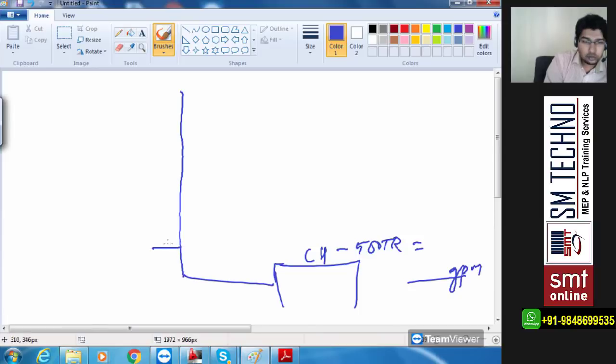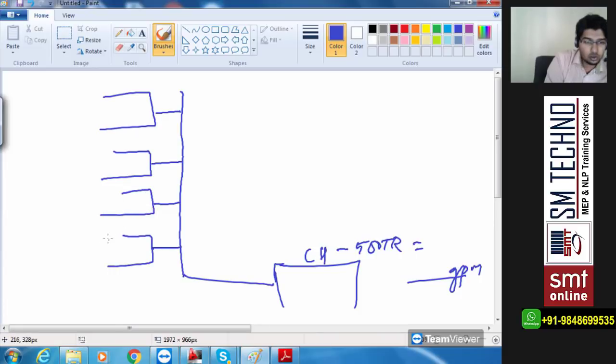I'm going to connect first, second, third, fourth AHUs. This is the chiller, we already know that, and I'm not taking any supply and return. That is understood now, the connections. I'm only naming AHU1. This is AHU1, 6.5 TR.